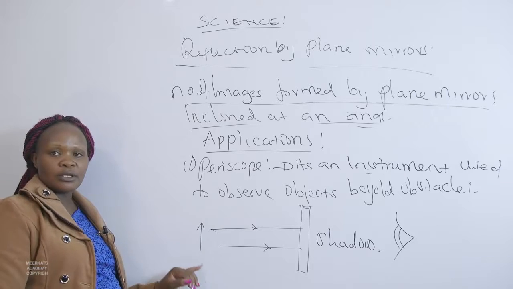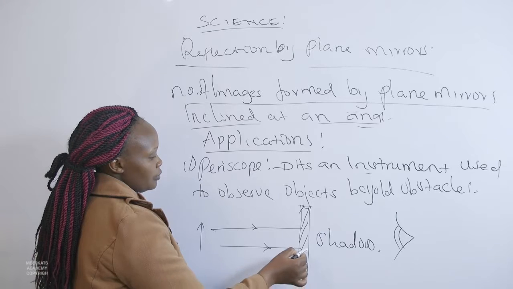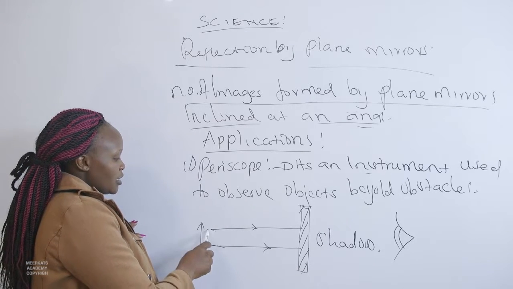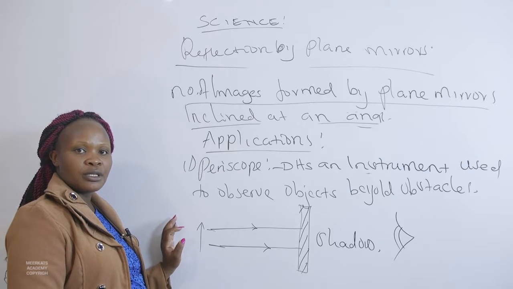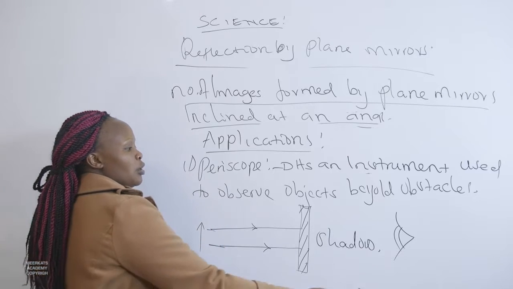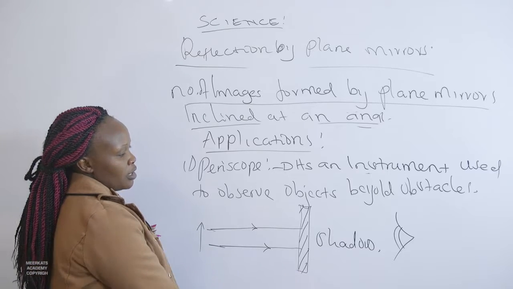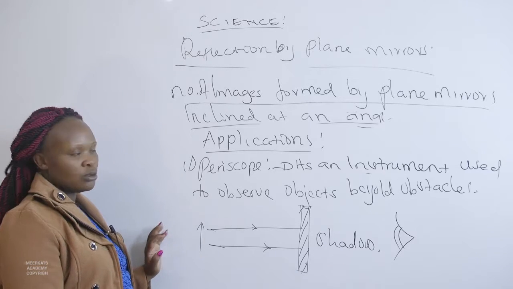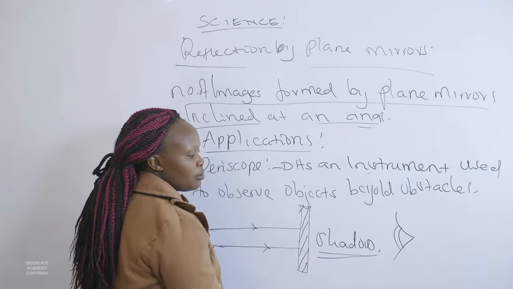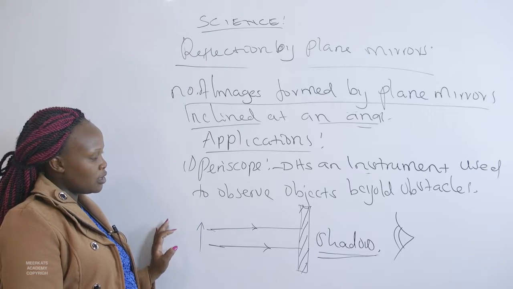You cannot observe this object because of this obstacle here. Therefore, you will have to devise a way you can use to observe what is here when you are on this other side without necessarily moving the obstacle. Because if you were to observe normally, what you see will be a shadow.